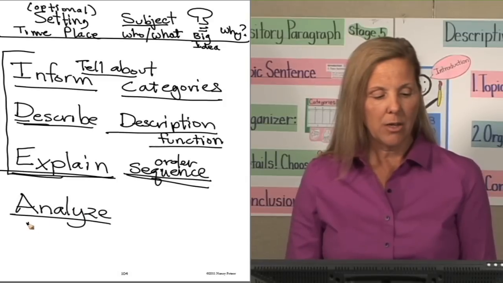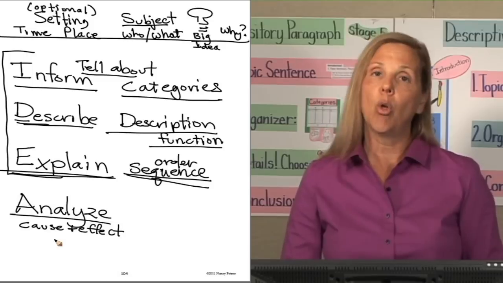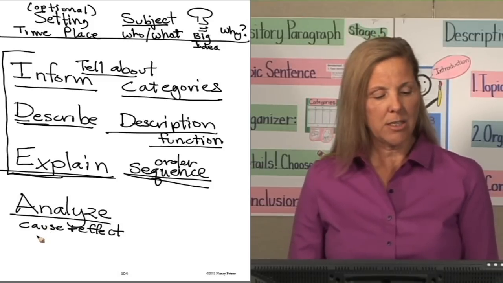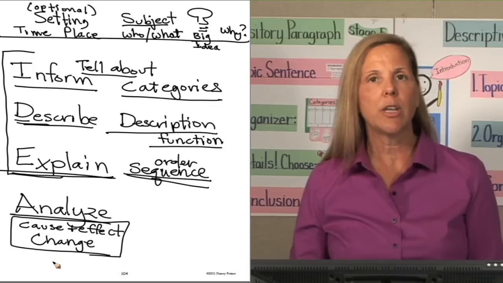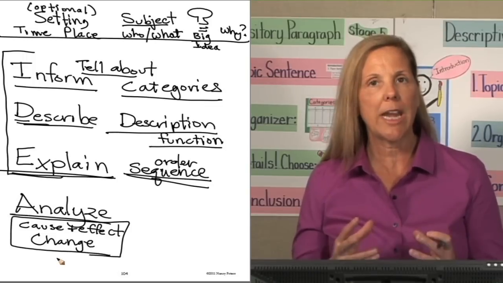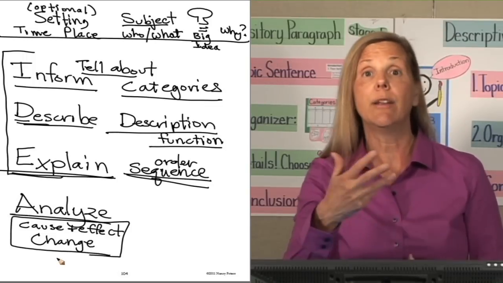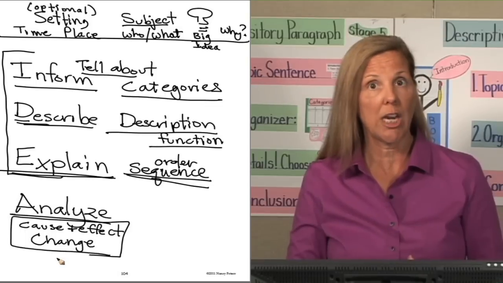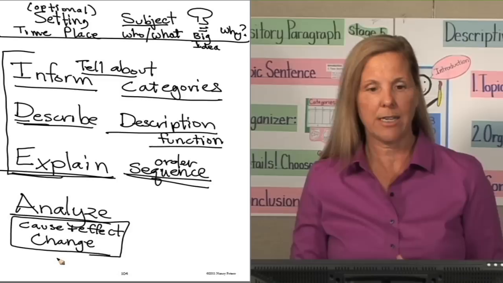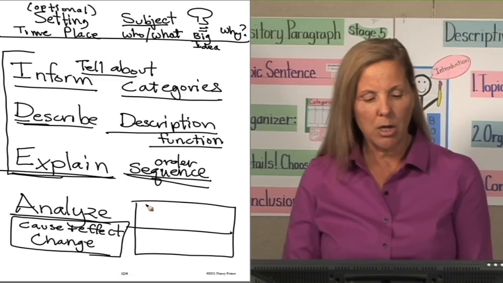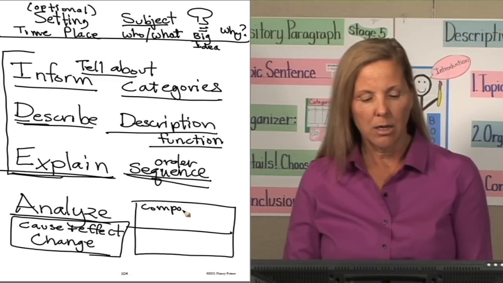One will be cause and effect. And the whole purpose of cause and effect is to explain change. So when your information is about how something changed, a condition changed, an event happened, which shows change, then you're using cause and effect. The other two are compare and contrast.